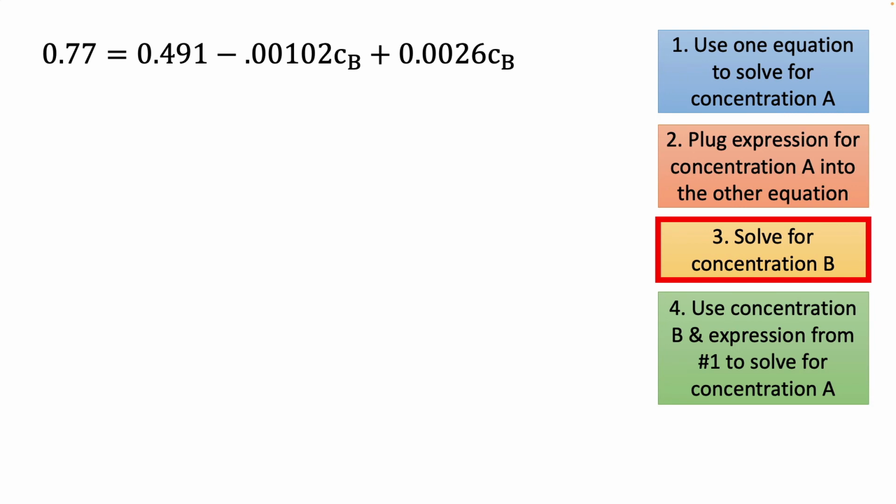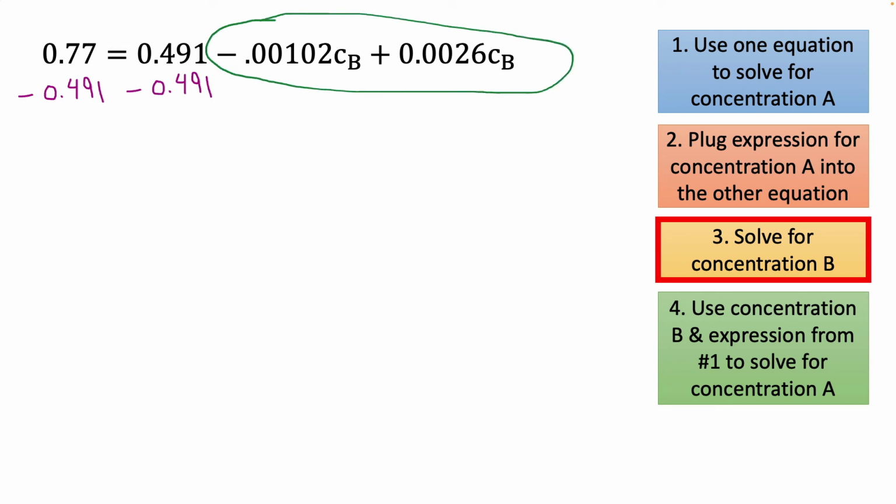In step 3, we need to solve for the concentration of B. Here's the equation that I just derived on the last slide. Again, I want to solve for concentration of B. So we first have to get concentration of B on one side and everything else on the other. Let's subtract 0.491 from each side. We're also going to combine these factors that both contain the concentration of B into one factor.